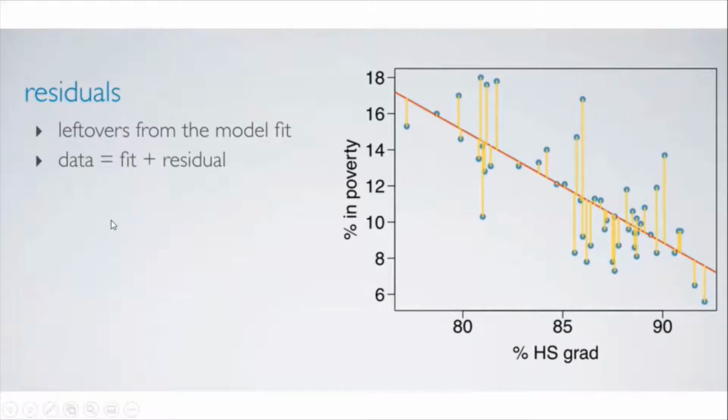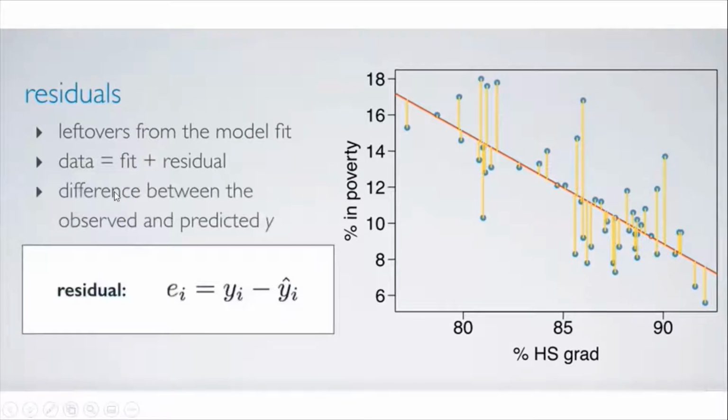So what is the residual? It is the difference between the observed and predicted y. In the coming discussion, we will always refer to the response variable as y. In this case, it is poverty.